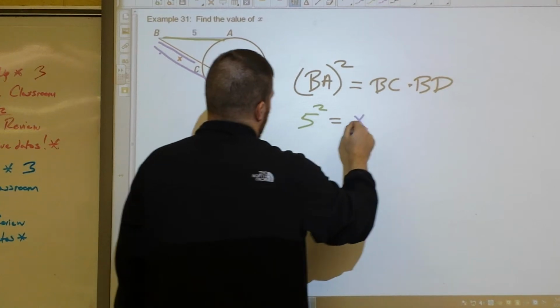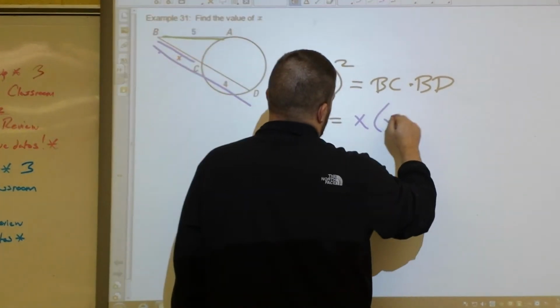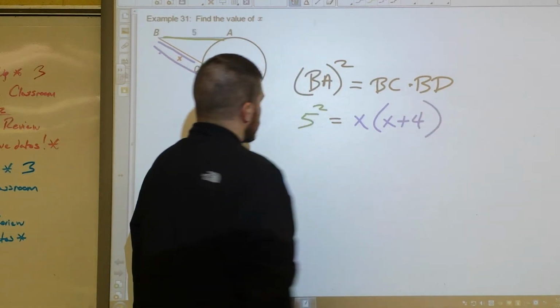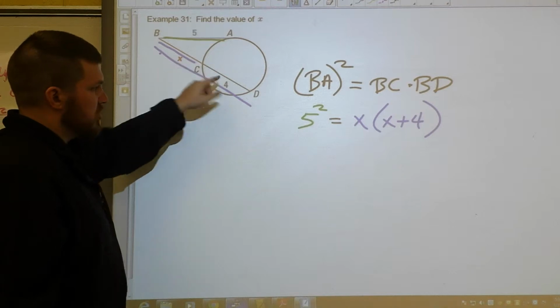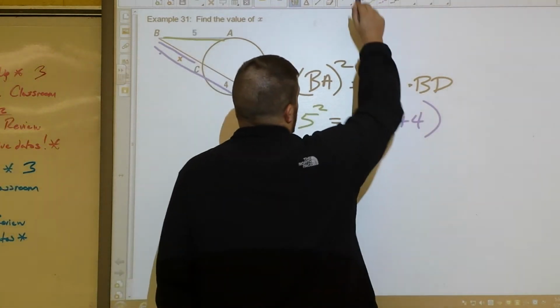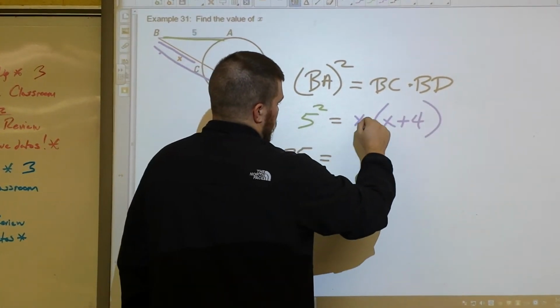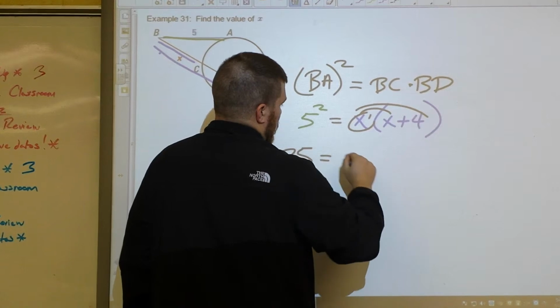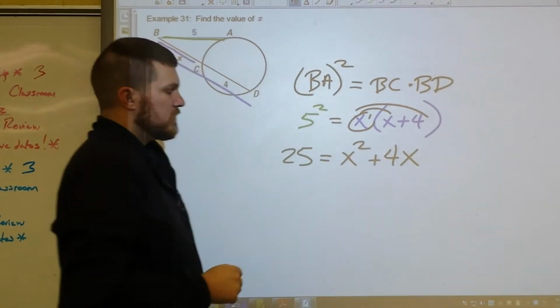In this case, it was x times the total piece. So my total piece is x plus 4, because I just added these two together. It's more than one thing, so it must be in parentheses. Now I'm ready to start cleaning this up. 5 squared is 25 equals, now I have distributive property, so I'm going to multiply it out: x squared plus 4x.